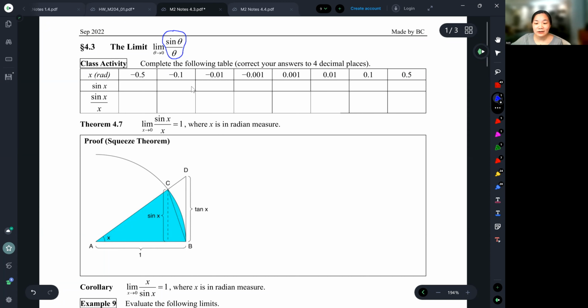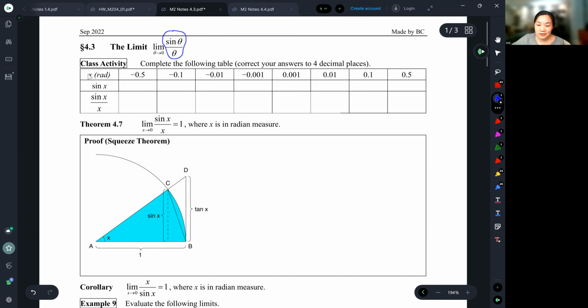Now, the only way we can find the limit of this function, we have no better way other than experimenting. So here you're going to just try out a few values, and also remember the best you can rely on is your guess. You experiment and then you guess the limit.